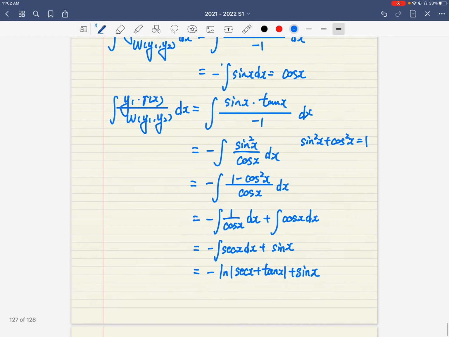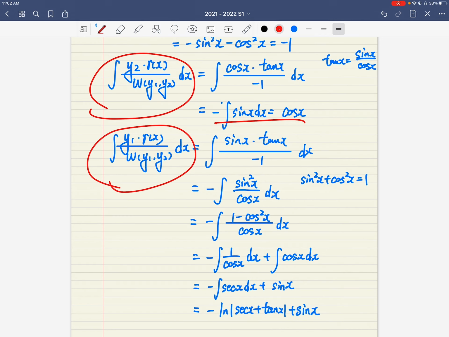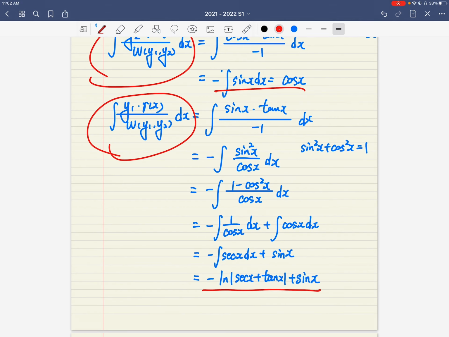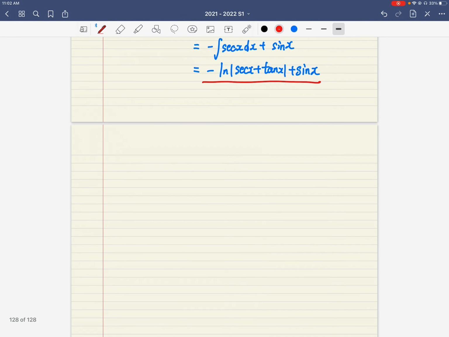So with all the calculation we've done, we can finally write down our particular solution.